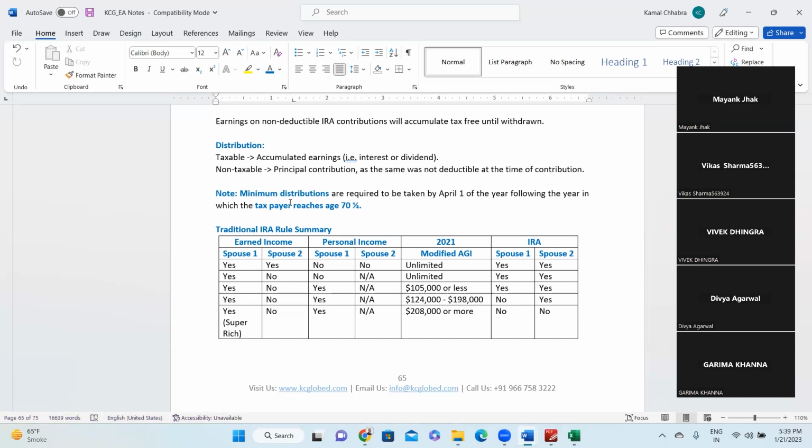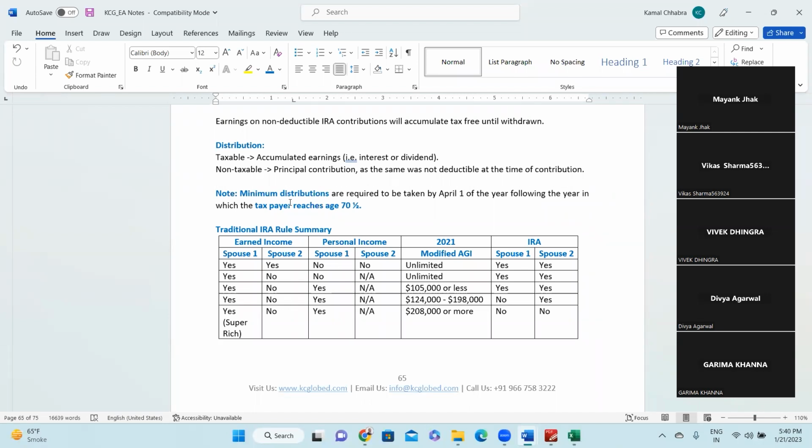Okay, so minimum distributions are required to be taken by April 1st of the year following the year in which the taxpayer reaches the age of 70 and a half years. So in the year in which you or your client reach 70 and a half years, you need to make a certain minimum withdrawal by April of the next year.